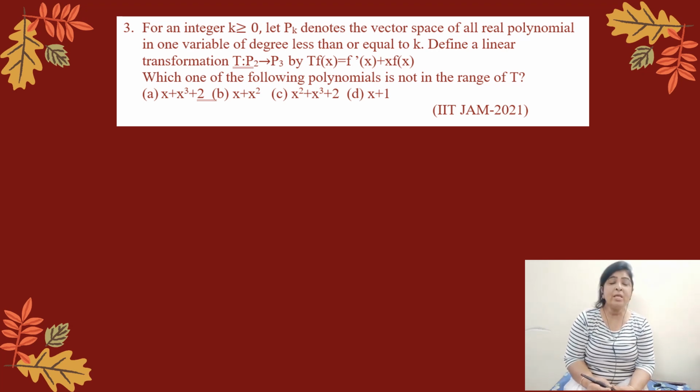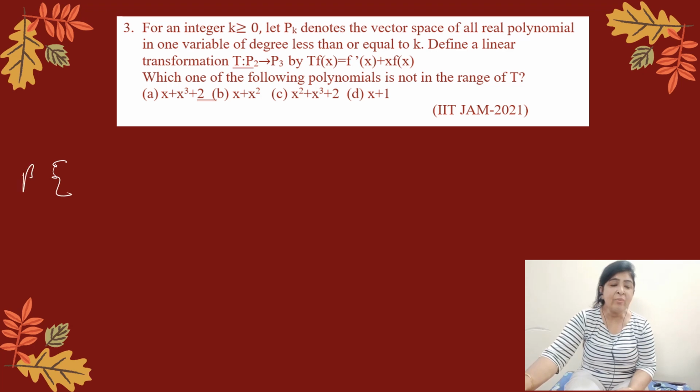Now you can see that P2 and P3 are both polynomial spaces. So we can write a set beta1 which is equal to {1, x, x square} and beta2 as {1, x, x square, x cube}.